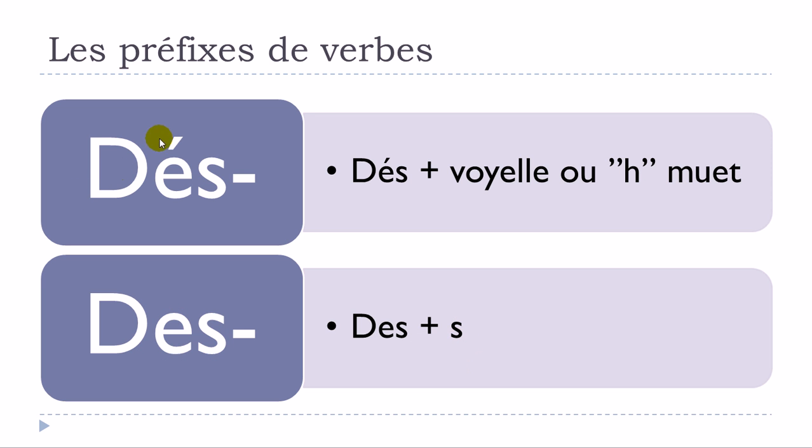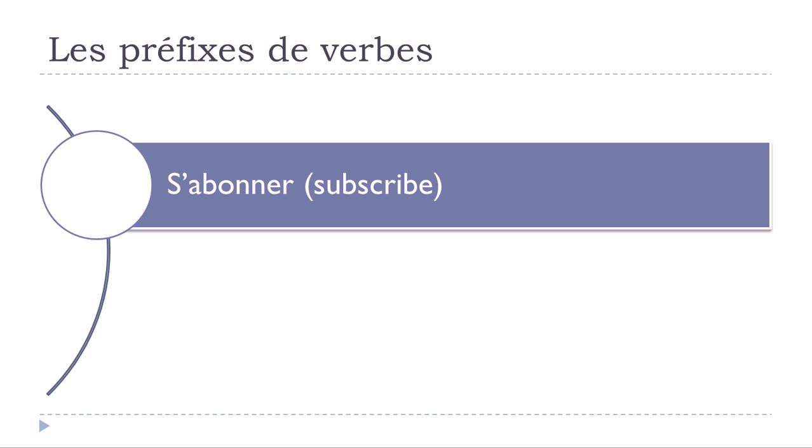So keep in mind, D accent aigu S will be used for verbs starting with whether une voyelle or H muet, okay? And then DES, without the accent, will be used for the verbs starting with S. Okay, so let's see now a few examples.